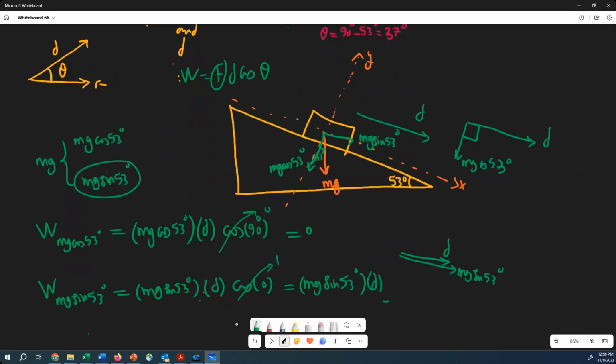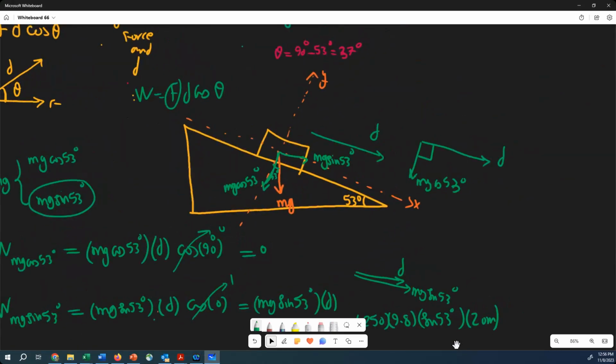What was the m? 250. What is the g? 9.8. What is sine 53? Just put sine 53. And d is 20 meters. Go ahead and calculate this. You will get exactly the same number. Here it was sine 53.